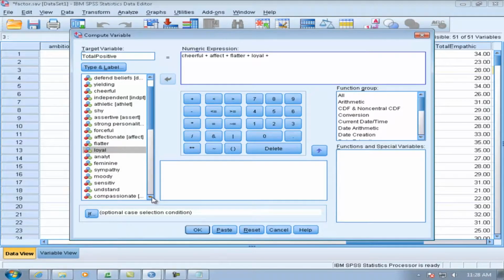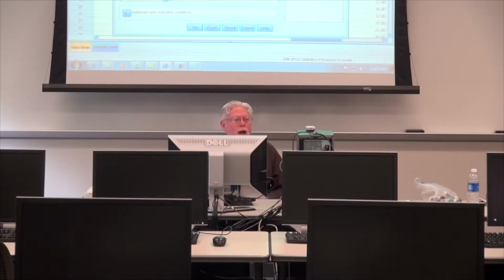And then the last is happy. It's kind of towards the bottom. There we go. Now, how many loaded on here now? 5. So the first one had 11. The second one had how many? 5. And this one has 5. So unfortunately, the other one didn't have just 5 too. We wouldn't have to do the average.